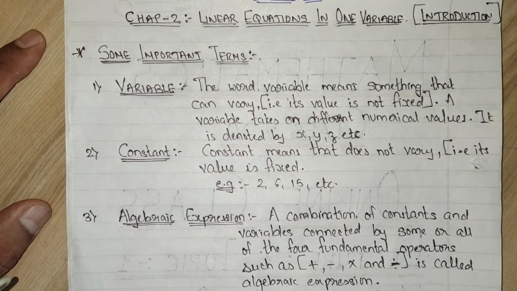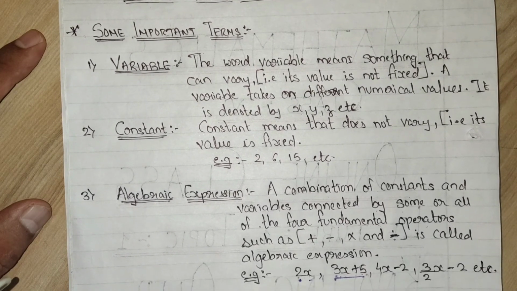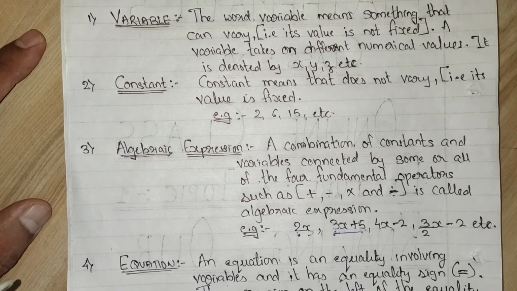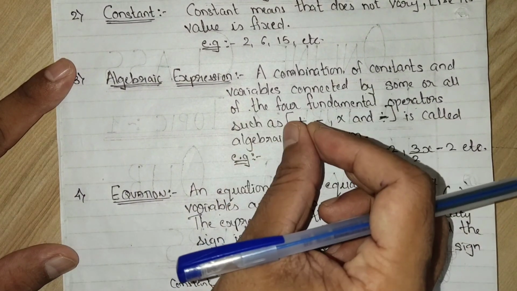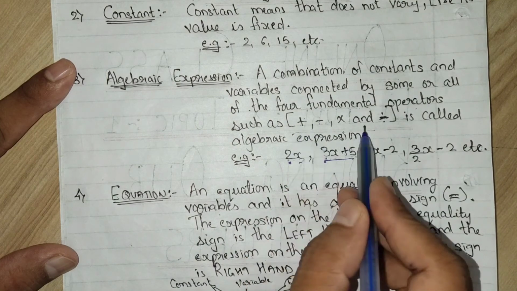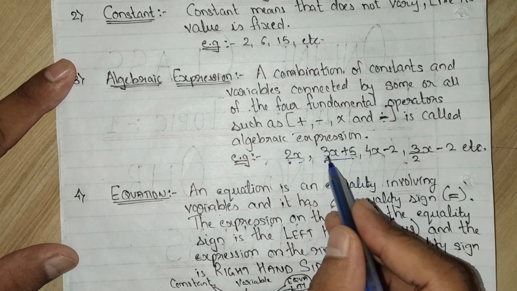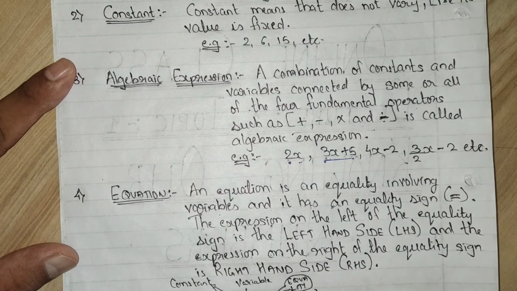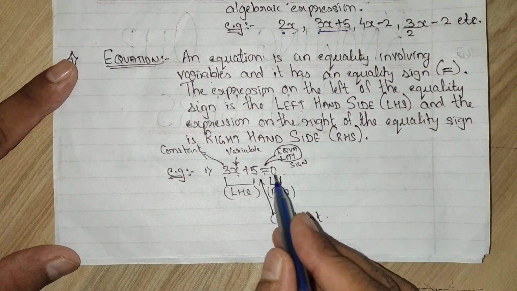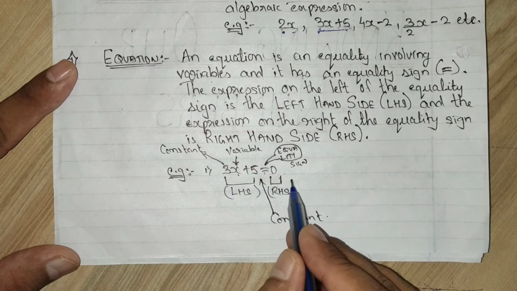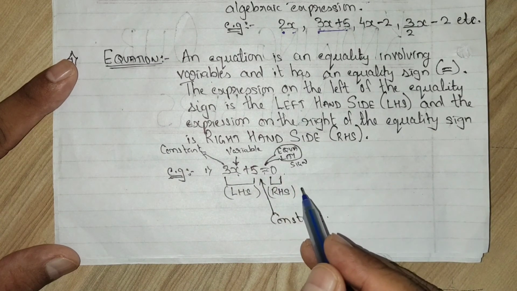That is variable, that means the value which changes. Constant, the value is fixed. Constant and variable, if combined together with the 4 fundamental operations, then it is an algebraic expression. And if the algebraic expression is given the equality sign and it is having LHS and RHS, then it is an equation.